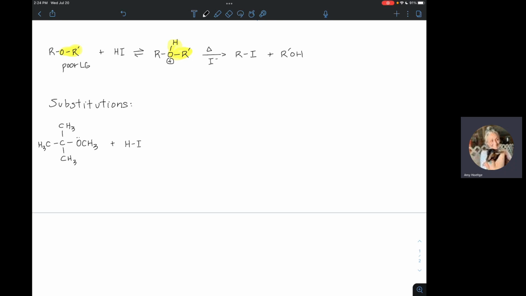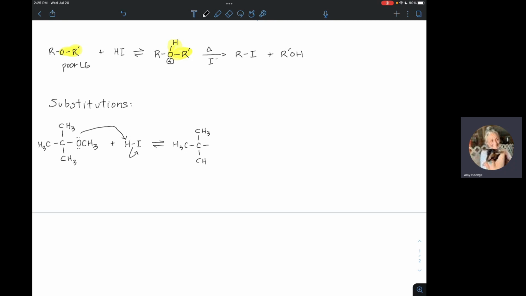Then the lone pairs of electrons on the oxygen are going to attack the hydrogen on the acid, dump electrons onto the halide, and I'm going to create my good leaving group. Just like with an alcohol, we're setting this up for success.